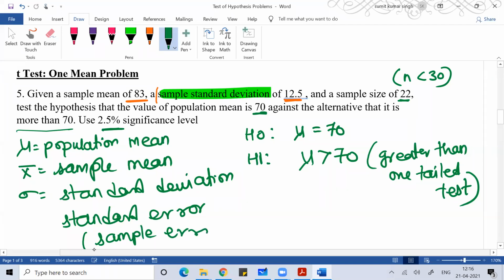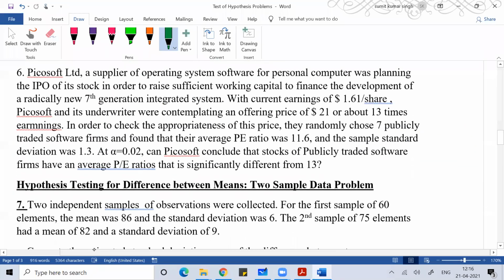Standard error is sigma by root n. N is given to you, so then we perform that test. I hope you are understanding. So this is a t-test. You can see this question.